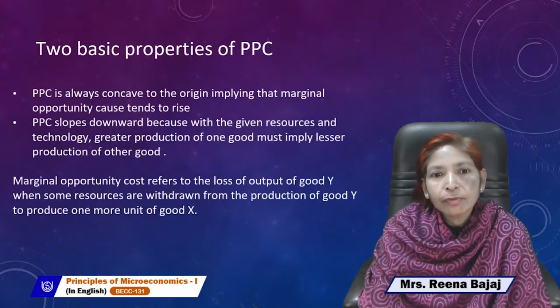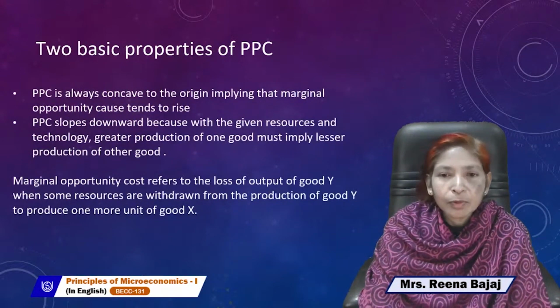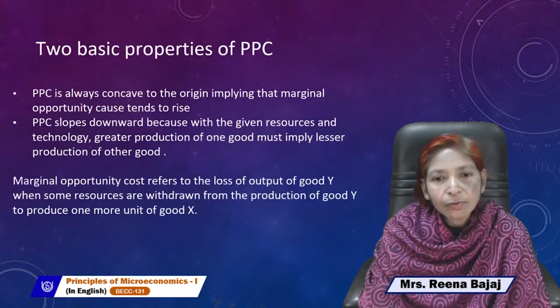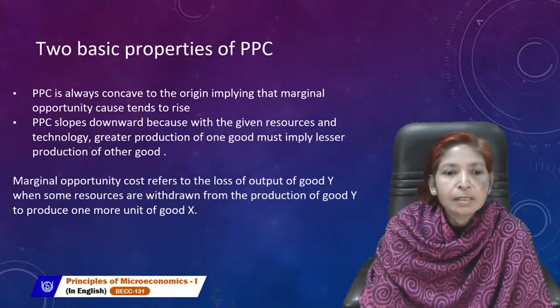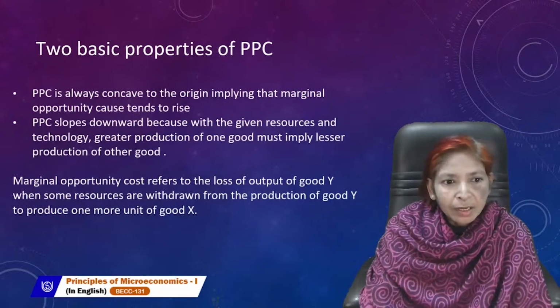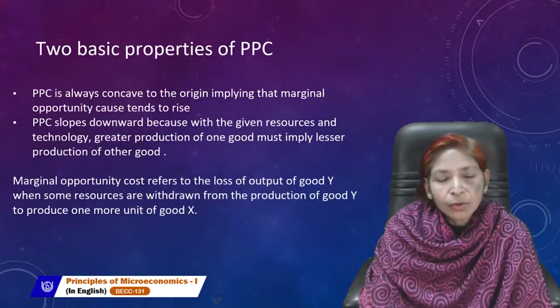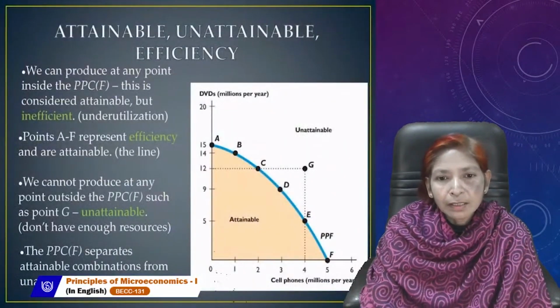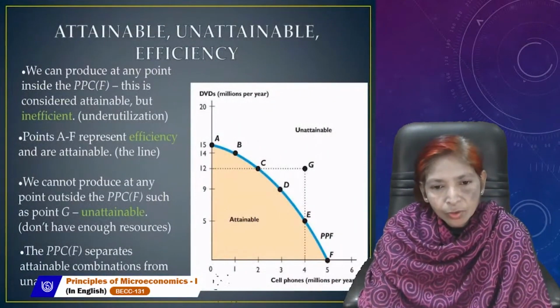Greater production of one good must imply lesser production of the other. And MOC refers to the loss of output of good Y when some resources are withdrawn from the production of good X. If you reduce the units of Y, you can increase the production of X. PPC is this type of curve, concave to the origin.